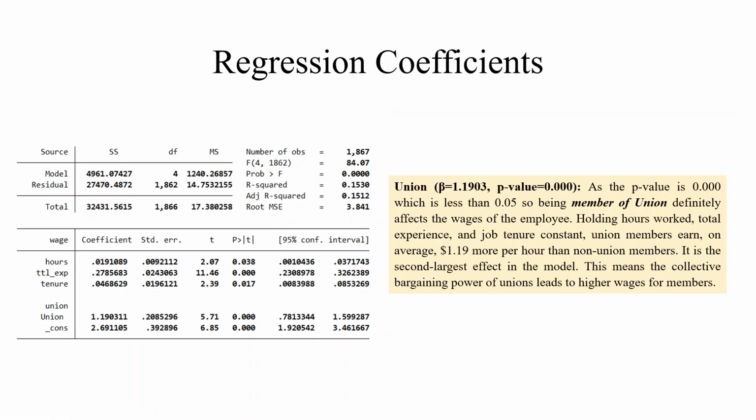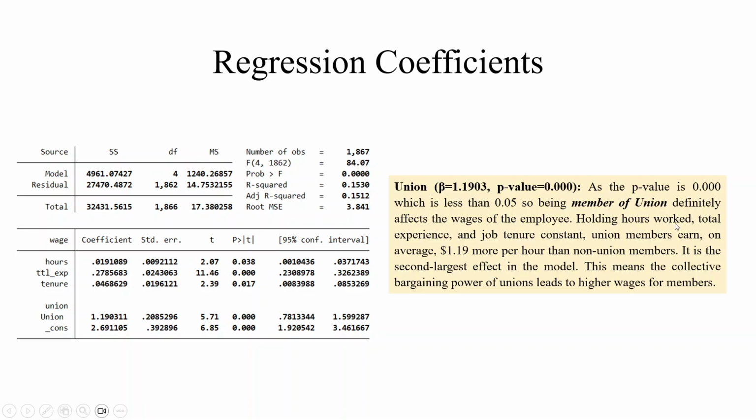Now, what about union membership? See, union membership 1.19. As the p-value is 0.00, which is less than 0.05, being a member of a union definitely affects the wages of an employee.